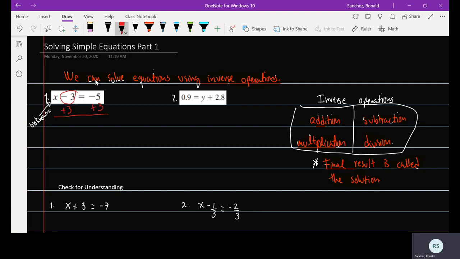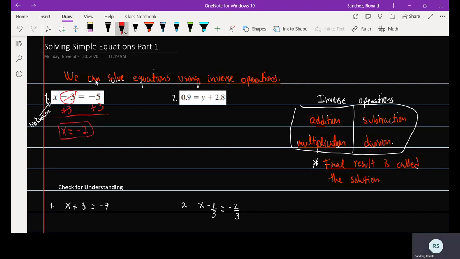When I do that, my -3 and +3 will cancel each other out, and that will leave x by itself. And then when I add 3 to -5, I get -5 plus 3, that is equal to -2. So my solution to this problem is x is equal to -2.